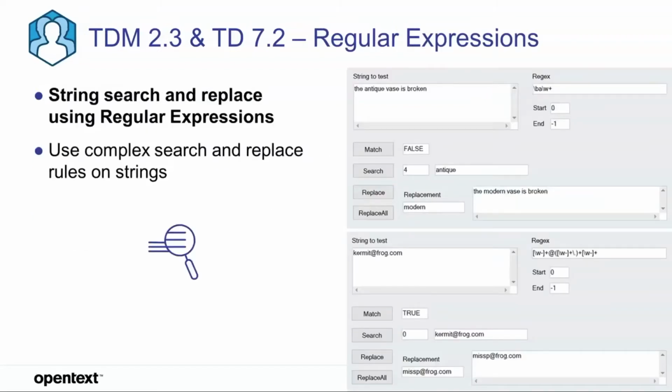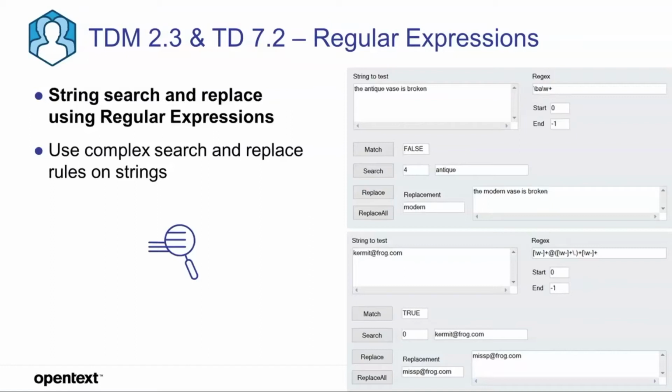And this one has been requested by many customers: a pretty powerful string search and replace feature using regular expressions. Regular expressions can be used to replace things in strings. You can analyze strings, for example, to find matches for credit card numbers and then redact them.